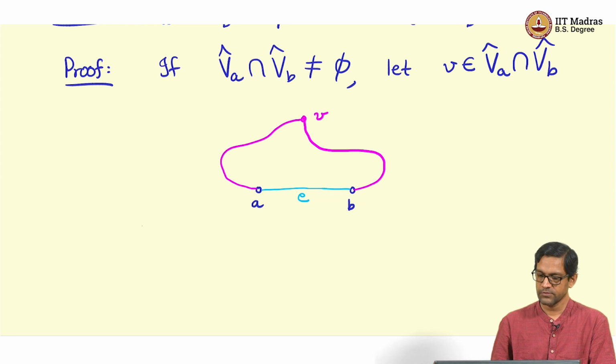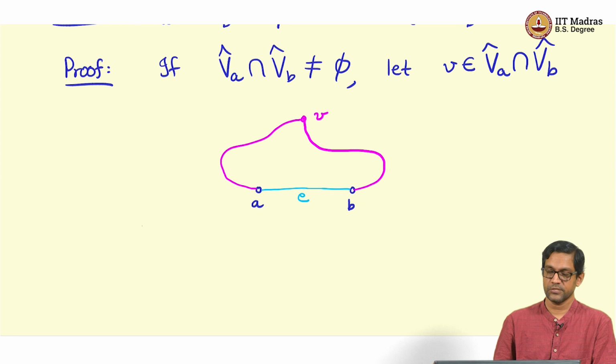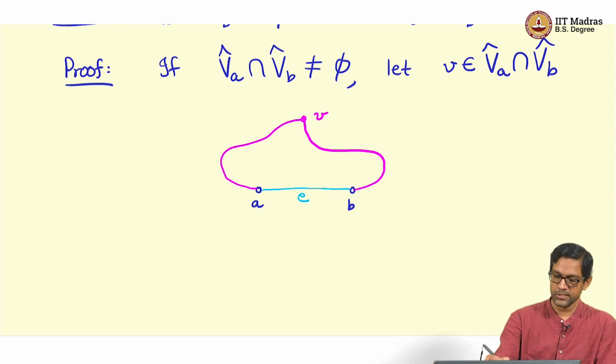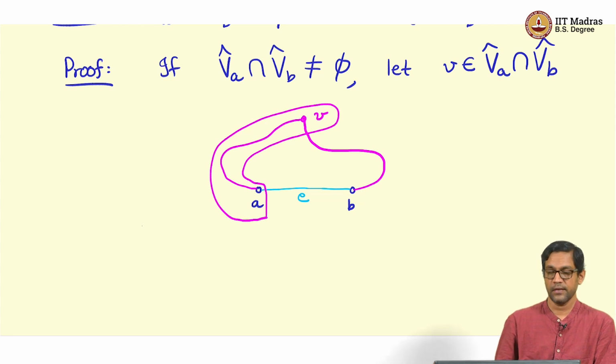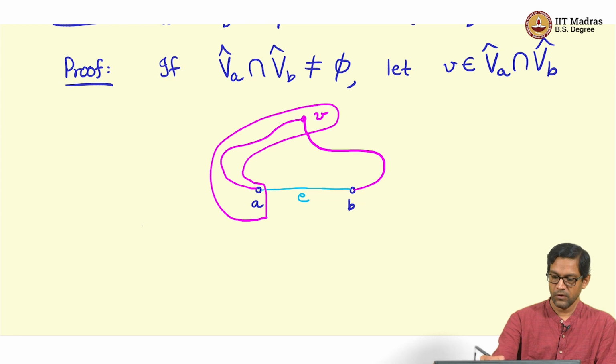Okay. Now, let us look at what this will imply. This will tell us that there are in fact two different paths from A to V, because on the one hand the path that we had here, we know for sure it does not contain the edge E. Now, we can manufacture another path as follows: you first go along E and then you take this other path here.